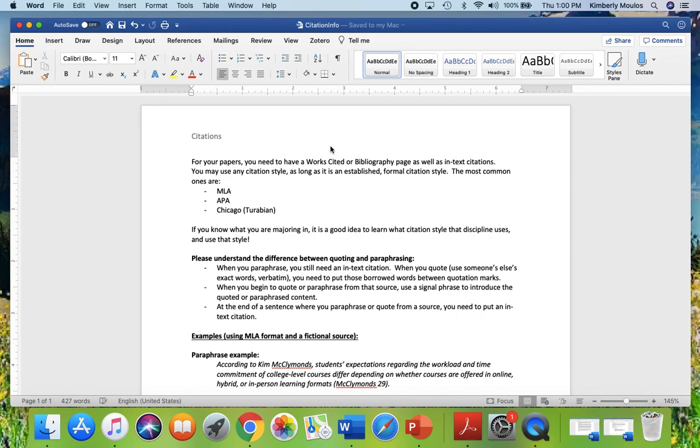But for longer academic work, for example, for my master's theses, I had to have a works cited, which would include all the sources that I had actual in-text citations for throughout my paper. So those would be all the works that are actually cited in my paper.